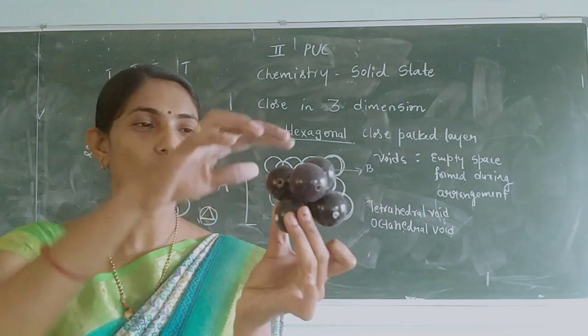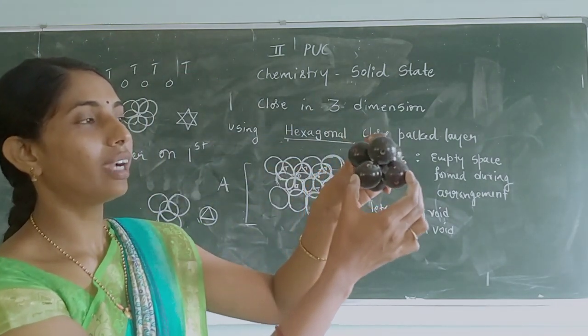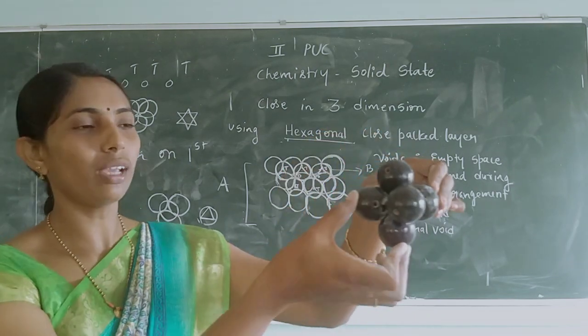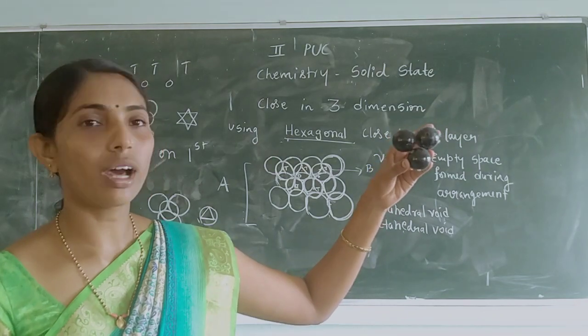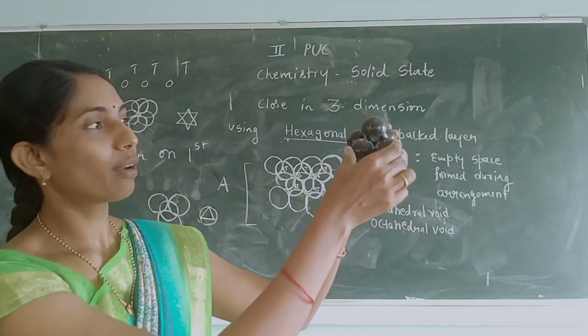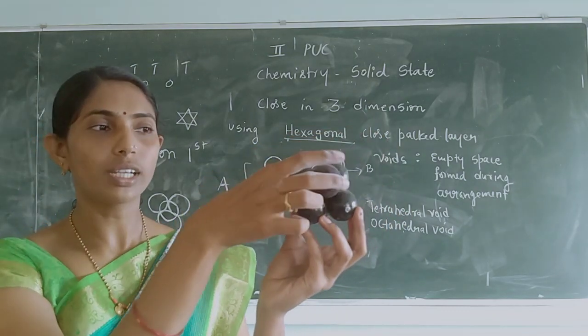Okay, that structure is called as what? Octahedral void. This is the octahedral void. Triangular void of the first layer and triangular void of the second layer give you the octahedral void.